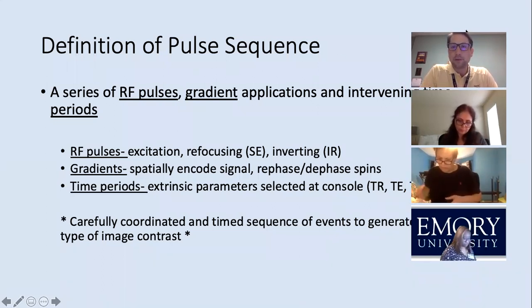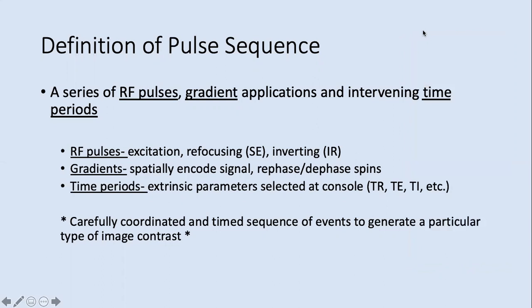A pulse sequence, by definition, is a series of RF pulses, gradient applications, and remember we have three gradients we're turning on: the slice select, the phase encoding, the frequency encoding gradient, and intervening time periods. So depending on how long we set our TR or our TE or our TI, these are going to give us our desired image contrast.